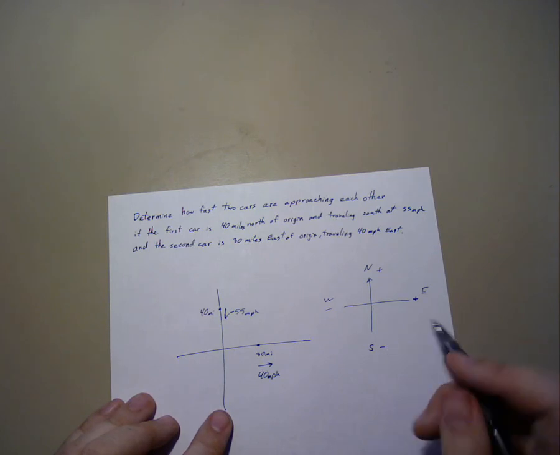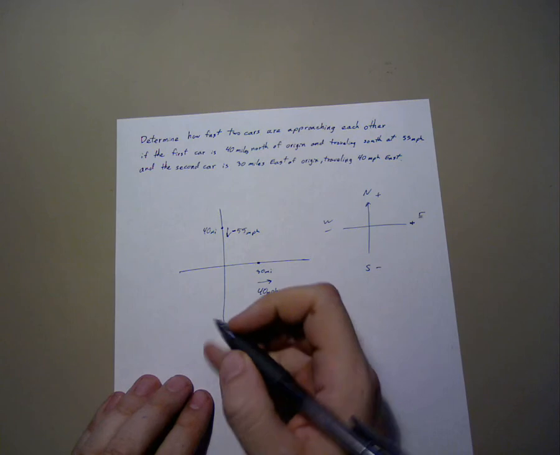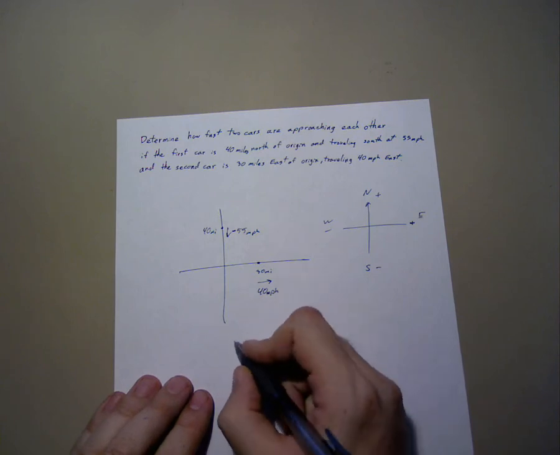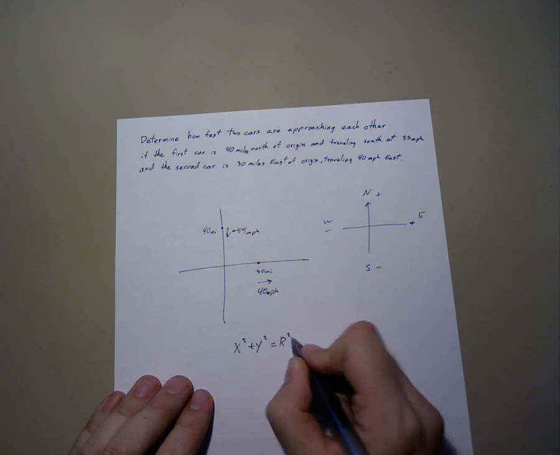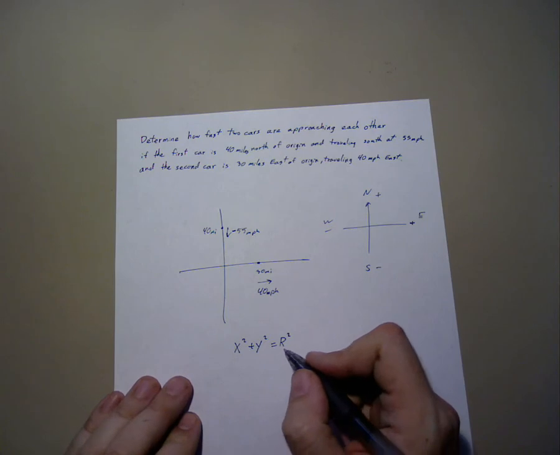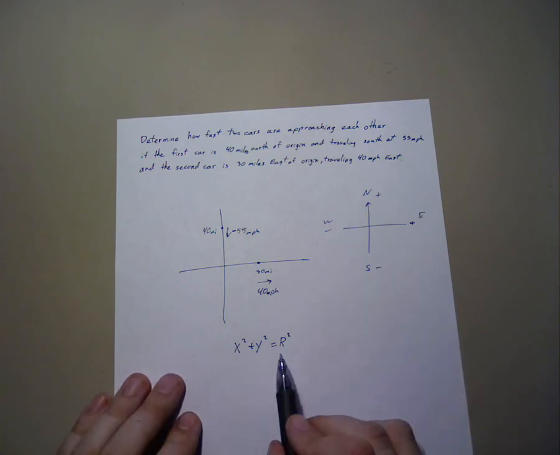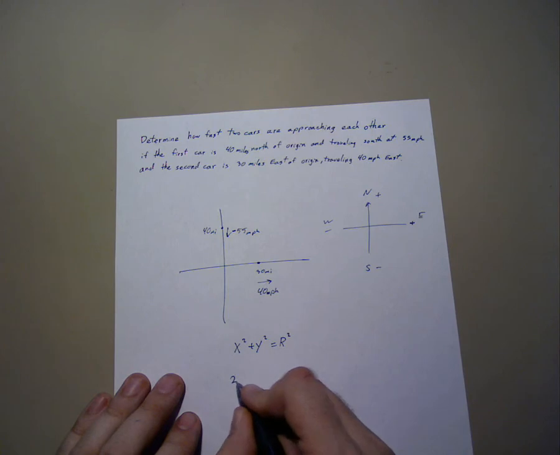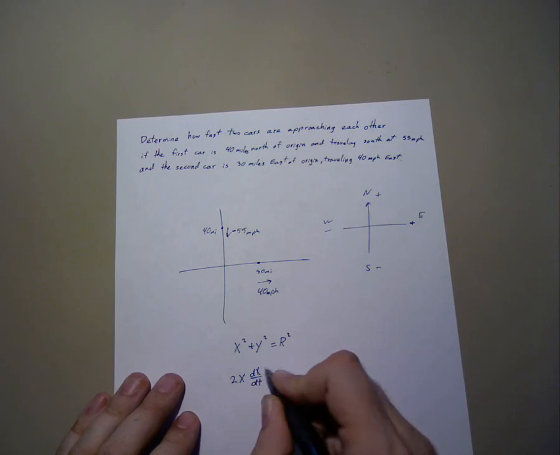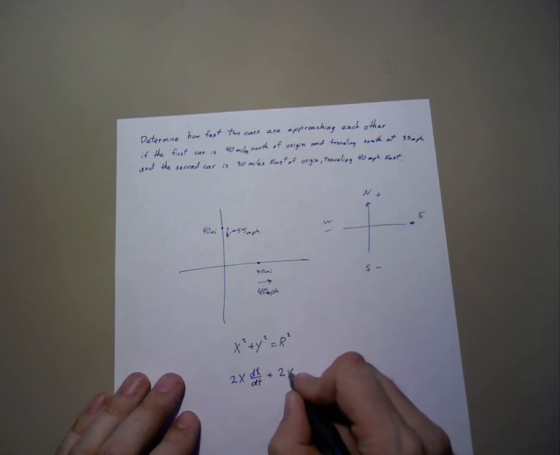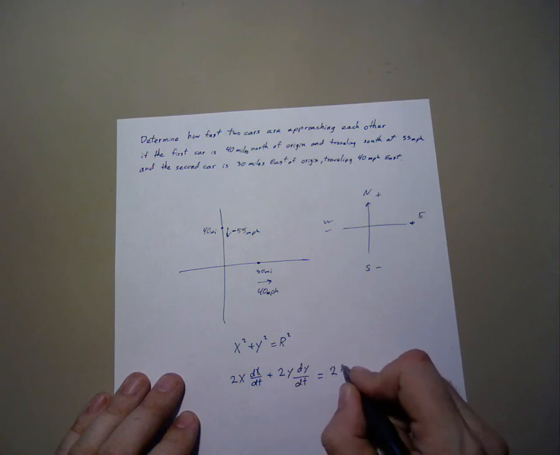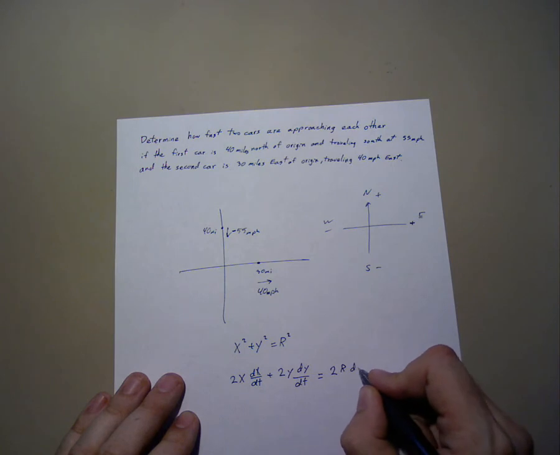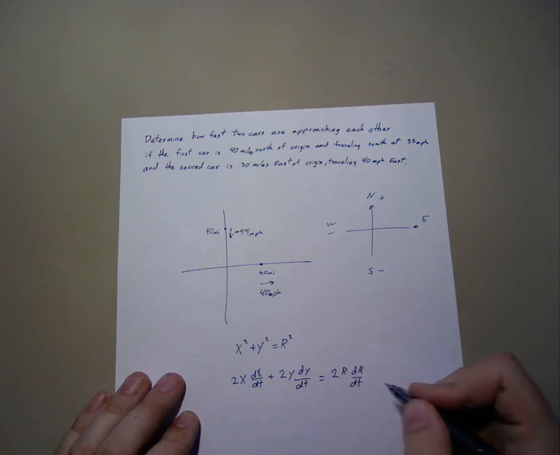In order to solve this problem, we'll first set up the Pythagorean theorem. X squared plus y squared equals r squared. If we take the time derivative of all terms, we get 2x dx/dt plus 2y dy/dt equals 2r dr/dt.